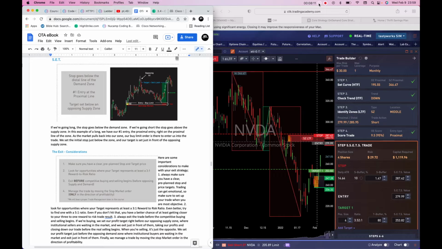And we exit just in front of them, taking our profits and closing down our trade before the real selling begins. Now, in the event when you're selling, it's just the opposite. We set our profit target just before the opposing demand zone, where institutional buyers are waiting in the market, and we exit just in front of them before the real buying begins.